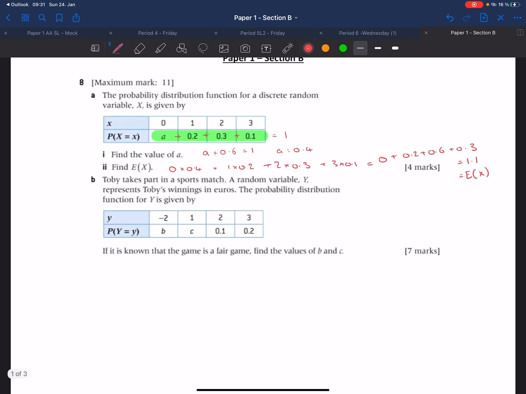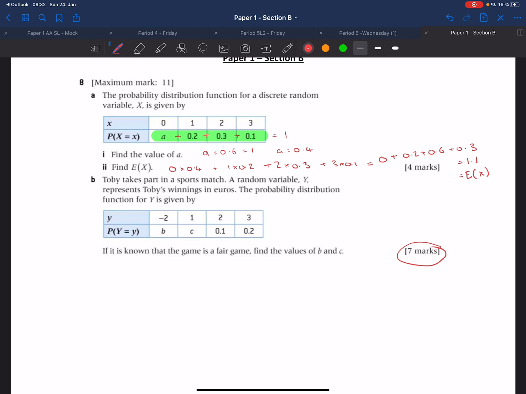For B, we've got a probability distribution, but this time we're missing 2 pieces of information. You'll notice it's a 7-mark question, which is quite big, and it's asking you to find the values of B and C. So let's take a look through and see what information we can take out of this. It says Toby takes part in a sports match. A random variable y represents Toby's winnings in euros.